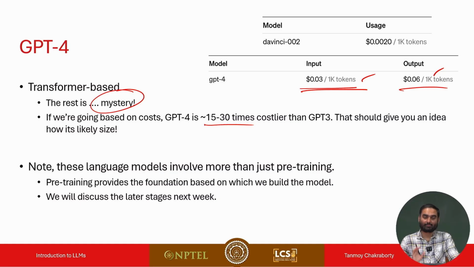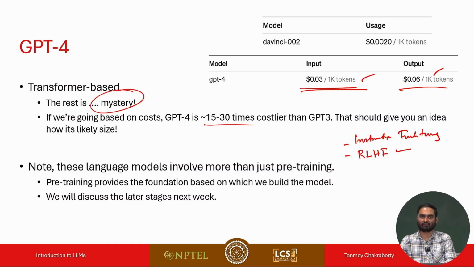So now GPT-4 is not only about pre-training, right? There are many additional things, for example, instruction fine-tuning. We'll discuss later. Through instruction fine-tuning, you teach your model how to follow instructions, and then they use something called RLHF, reinforcement learning from human feedback.